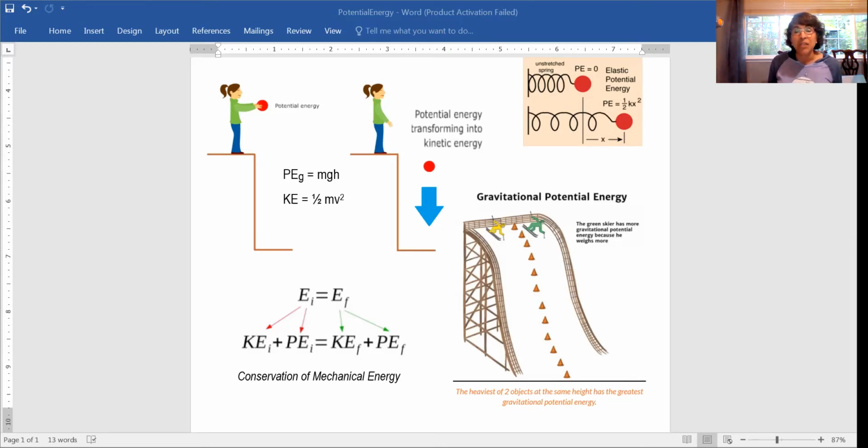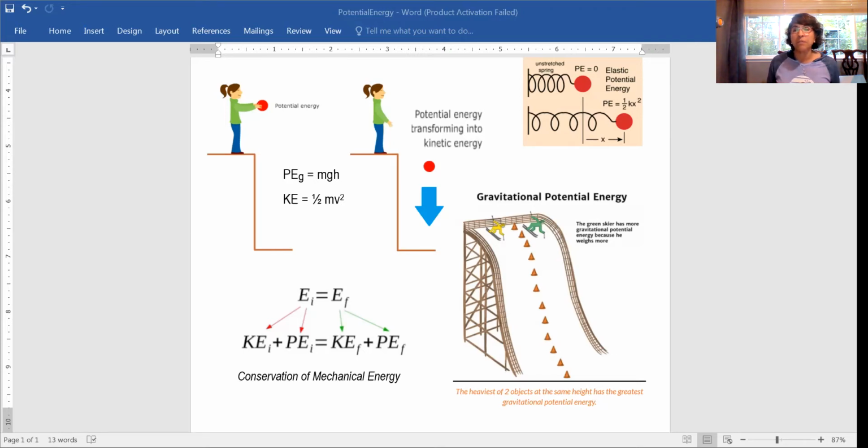So it's mg times the height, and that will give you the potential energy. So up here at this height h, there's a potential energy. Again, the unit of energy is joules. But down at what we're considering zero height, the potential energy would be zero because the height is zero, mgh, h is zero.